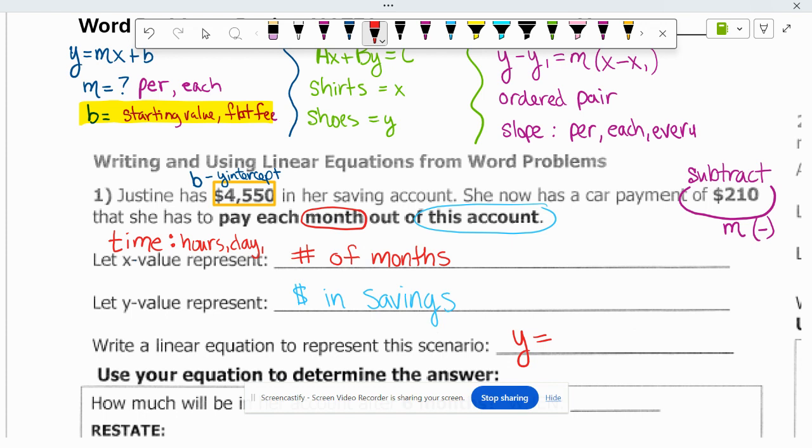Well, that's got to be a negative. So you can write it as negative 210. What do we put next to slope? x. And how much do we start with? Good job. Plus 4,550.